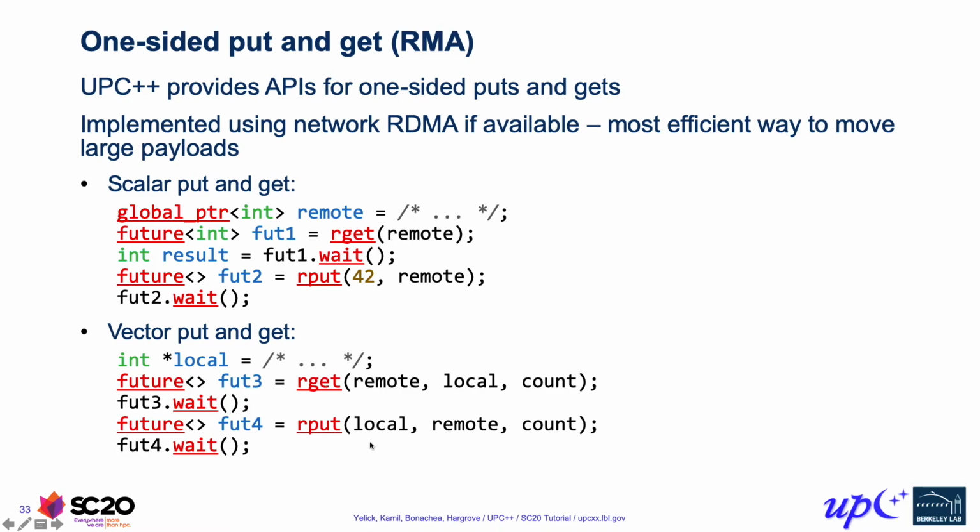Again, what this does is it initiates a one-sided transfer of the data values from the local memory to the potentially remote memory. And once again, we don't get any values back as the result of the operation. Rather, we just get a notification that the transfer has completed. So we get an empty future, which we can then wait on to ensure that the operation has indeed completed.